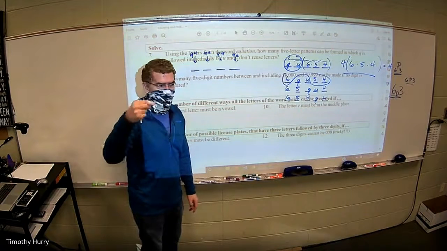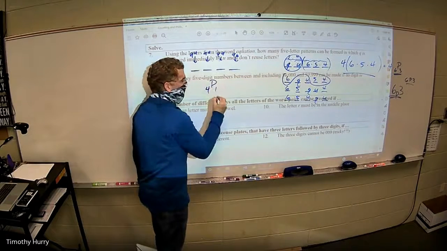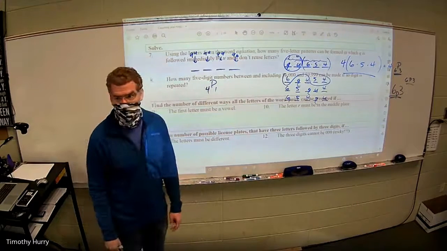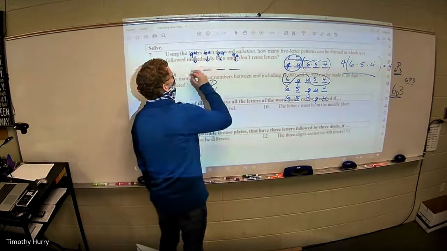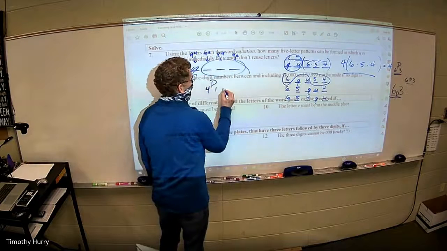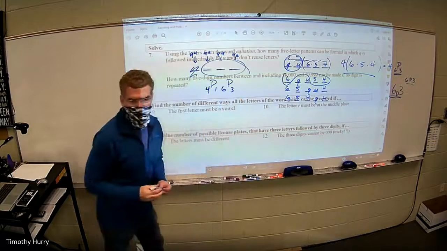So I could say when I'm placing the QU in there, there's 4P1 places, which is 4, right? And then once I place it, that spot's out. For the remaining 3 spots, there are 6 letters to choose from, and I'm picking 3 of them.